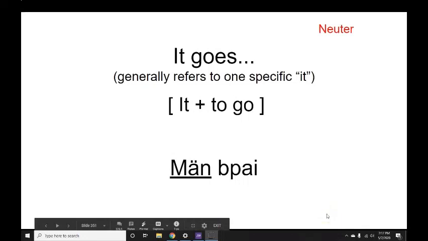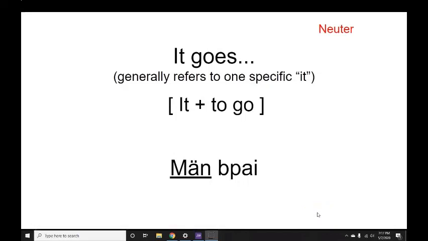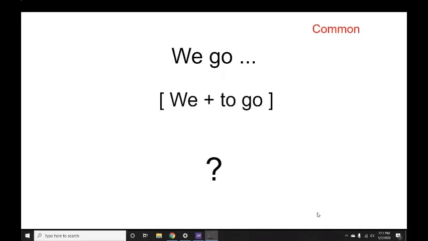Man bai, okay, it goes. And again, we're not going to use this with people. Man bai, okay.